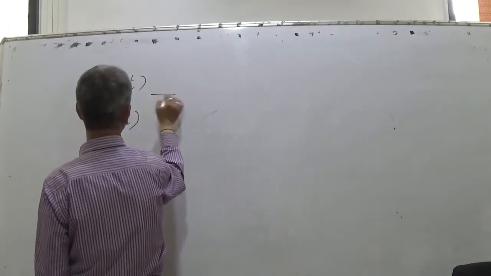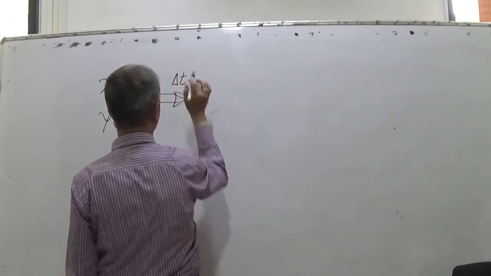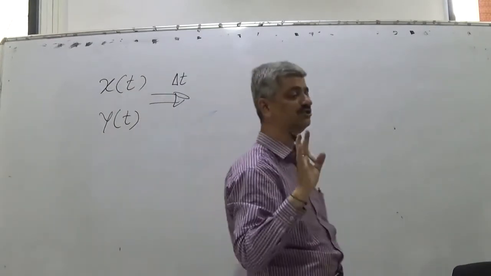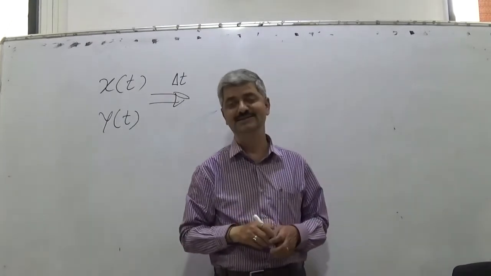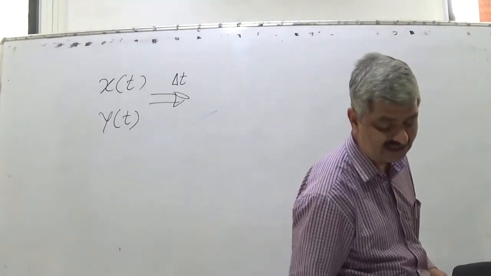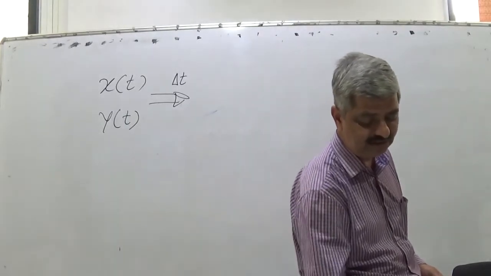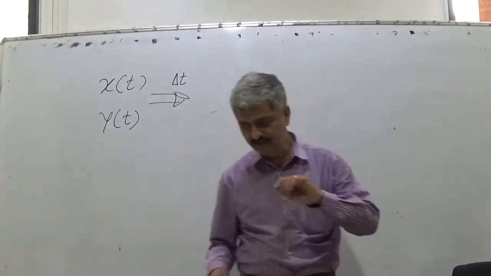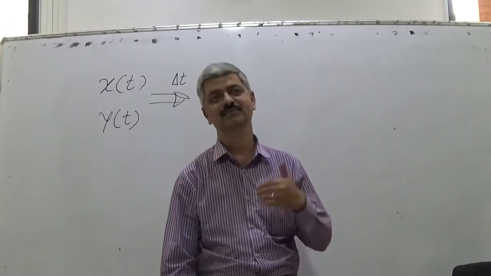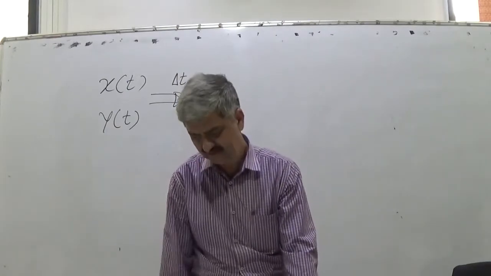So each we sample at a sampling interval delta t sufficiently small, meaning we sample at a sufficient rate, we sample rapidly, so that, as the sampling theorem states, under some conditions there are no errors.